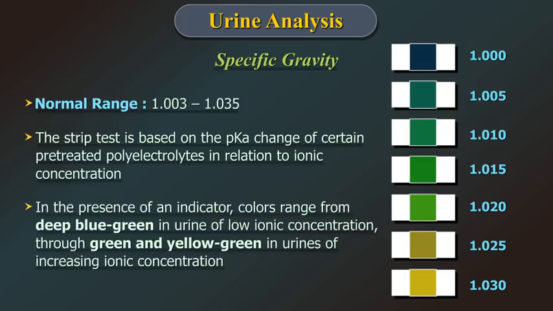In the presence of an indicator, colors range from deep blue-green in urine of low ionic concentration through green and yellow-green in urines of increasing ionic concentration.